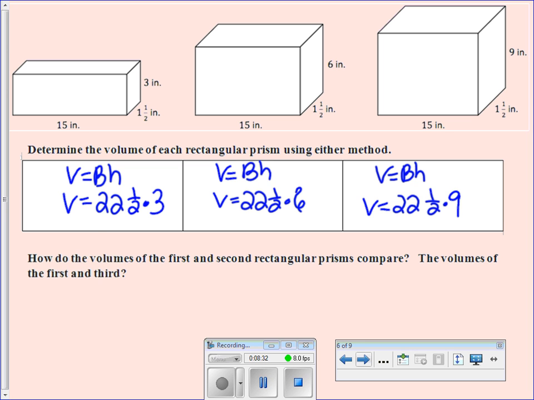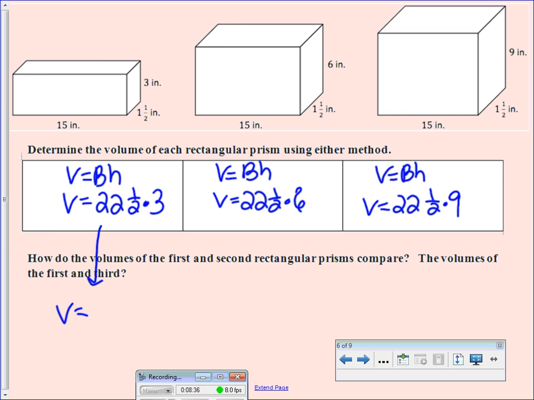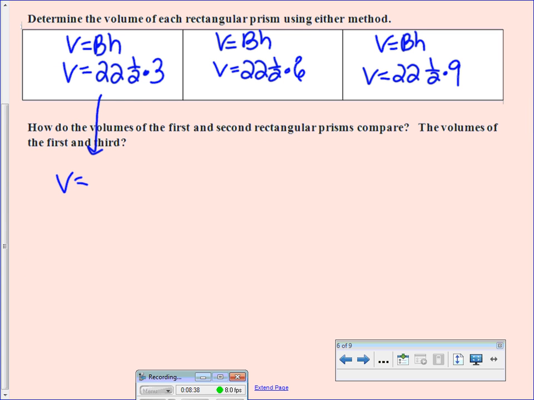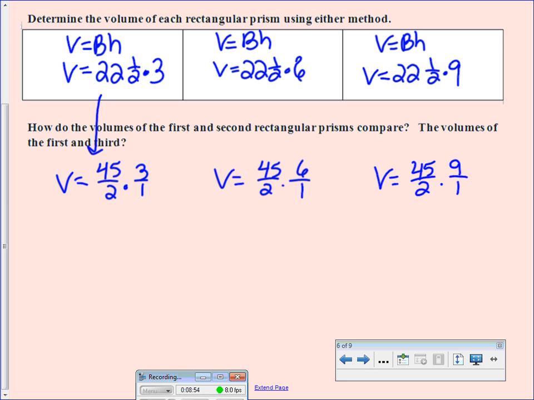I'm just going to jump down here and skip that because I'm running out of room. So that becomes 45 over 2 times 3 over 1. 45 over 2 times 6 over 1. 45 over 2 times 9 over 1. Unfortunately, I can't cross-reduce this one.